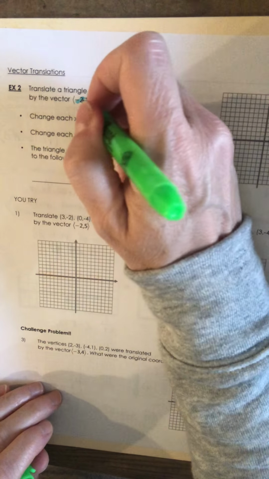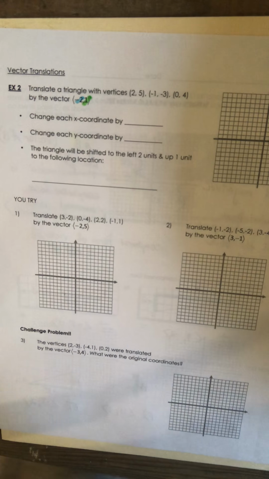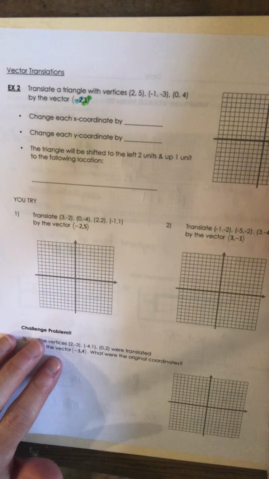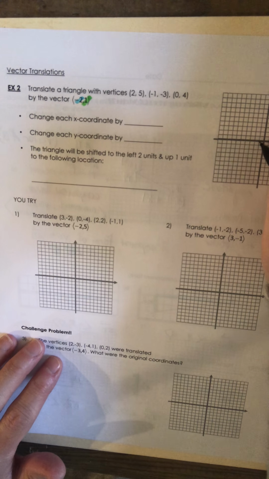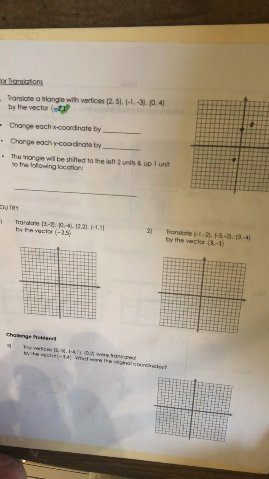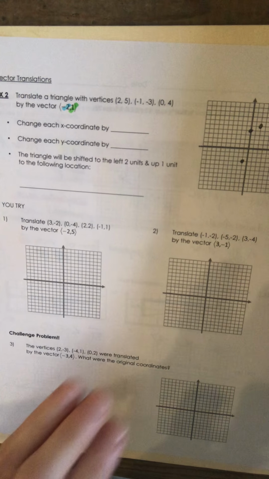The -2 is going to represent my horizontal component, and the 1 represents my vertical component. So if this is my initial triangle, I have 2, 5, then -1, 3, then 0, 4. This is my initial triangle. Let me move it over so you can see it.